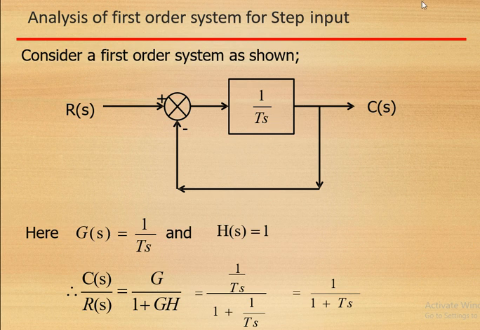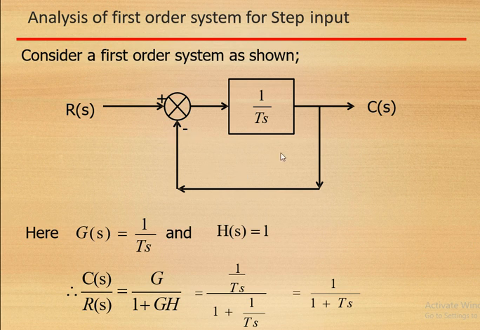Okay, so let us see the analysis of a first order system for a step input. Now consider a first order system here, which is given like this. The input is R(S) here, output is C(S), and the transfer function, that is G(S), is given by 1 upon TS. Now if you see here, this is called unity feedback. This also we have seen earlier. And the negative feedback is given here.